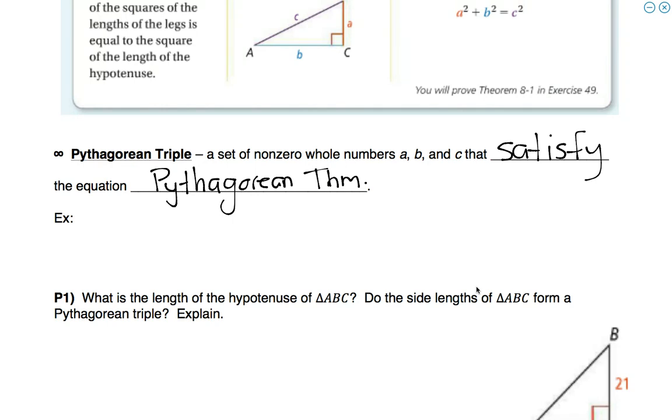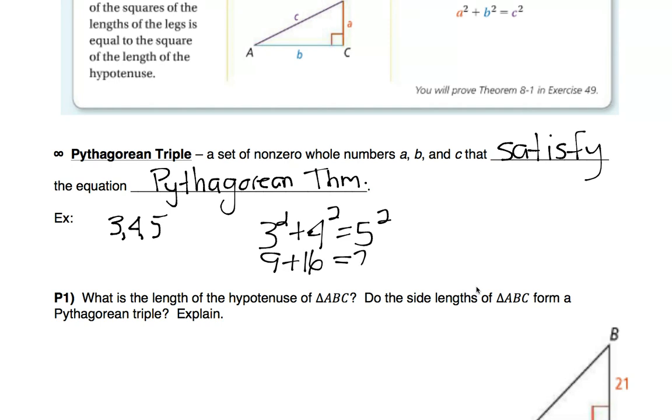And one of the most popular ones is a 3, 4, 5 triangle. 5 is the longest, so that has to be the hypotenuse. Now, to show that this is a right triangle, we can show that 3 squared plus 4 squared equals 5 squared. So 9 plus 16 equals 25.